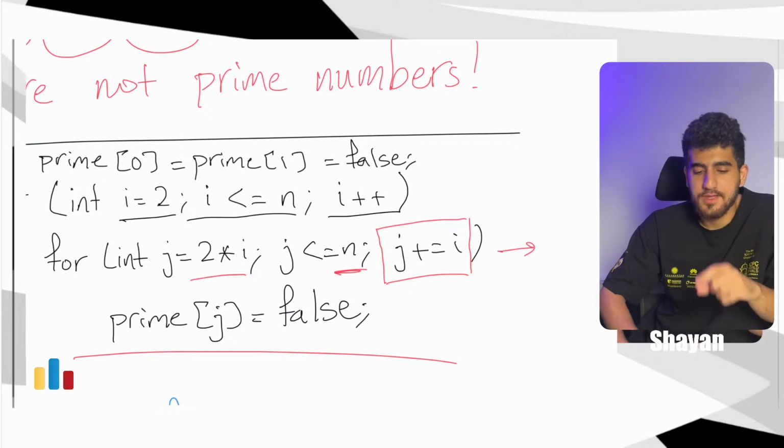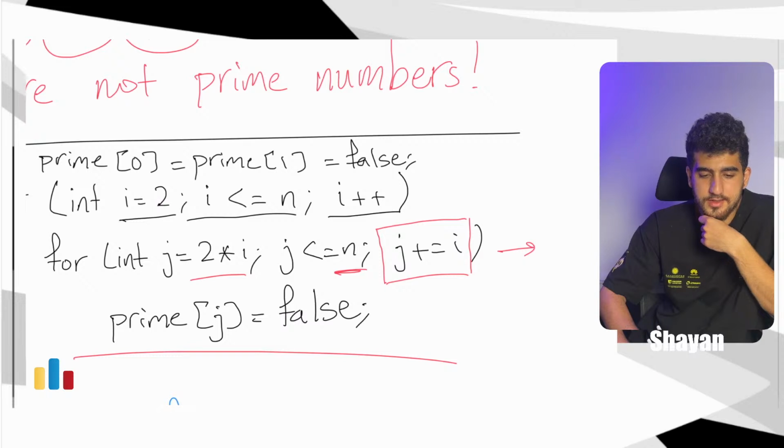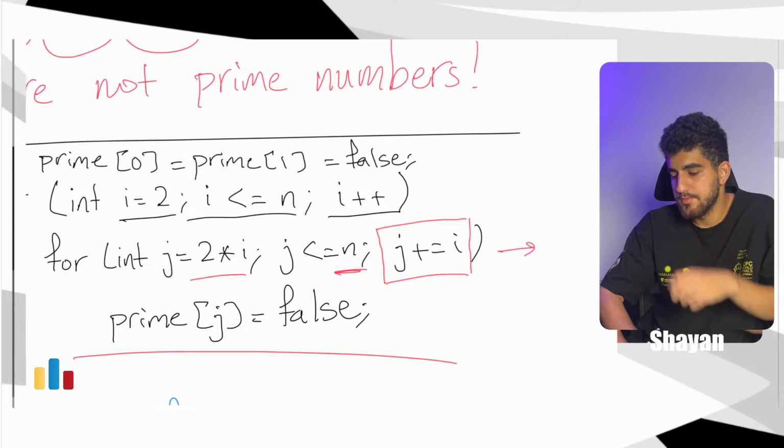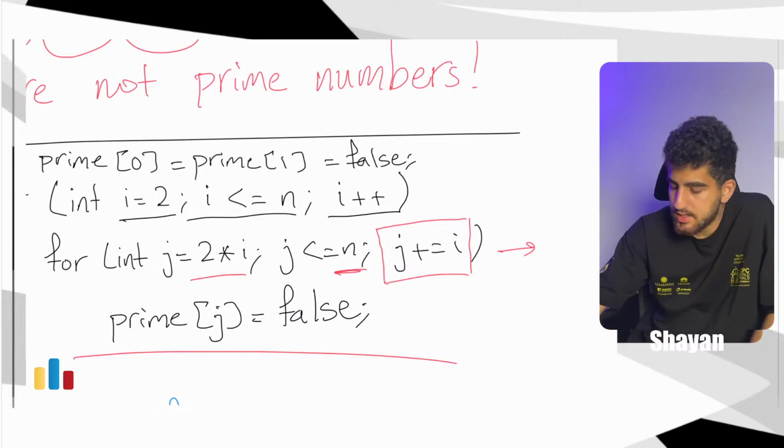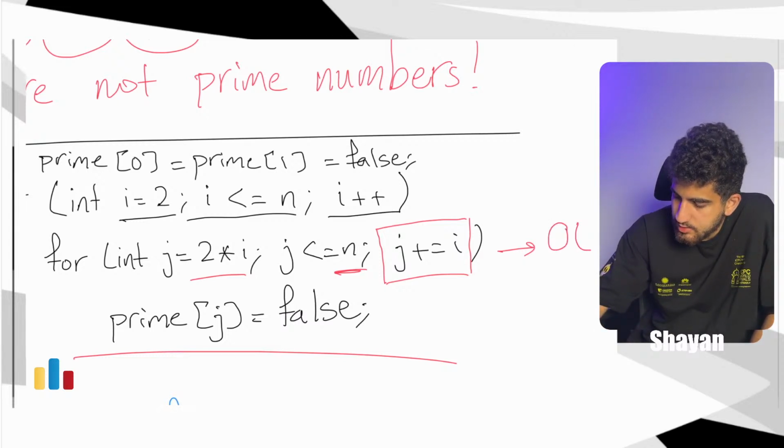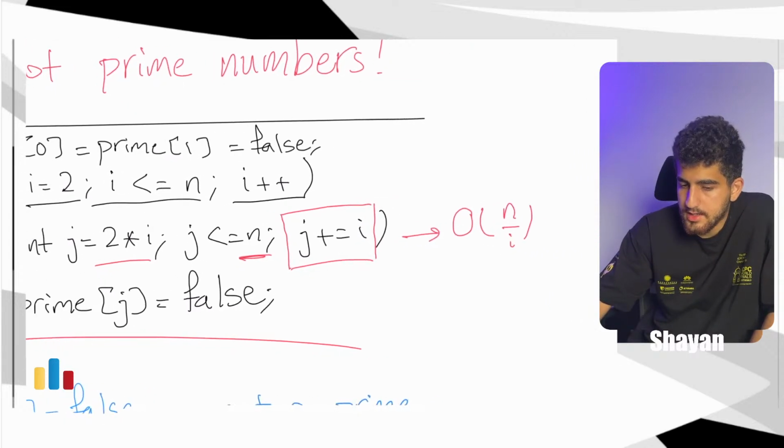Yes, that's correct. We can also start j from I times I. Right. So do you agree that this part will be executed O of n over I times? Why?